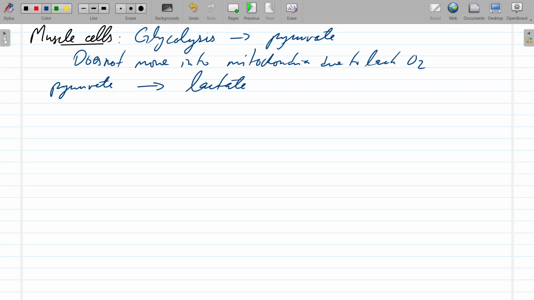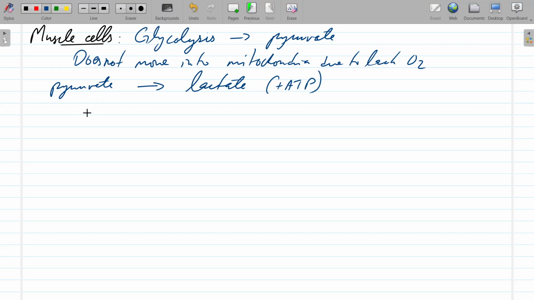Okay, and along with that, you have the release of energy. So you've got some ATP being produced, and the pyruvate goes into a cyclical process.